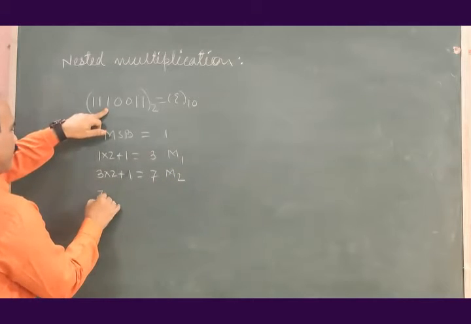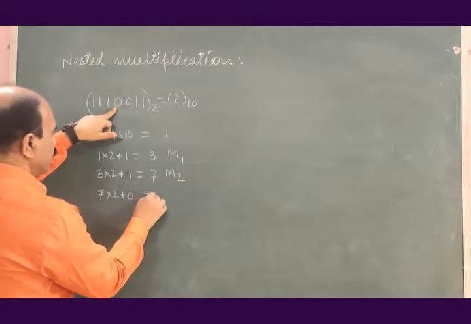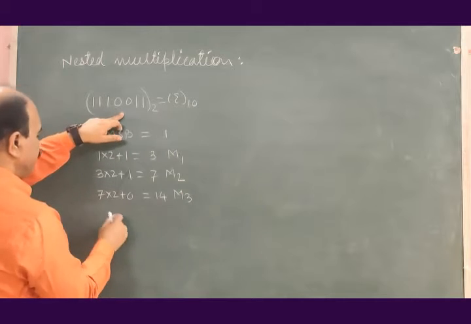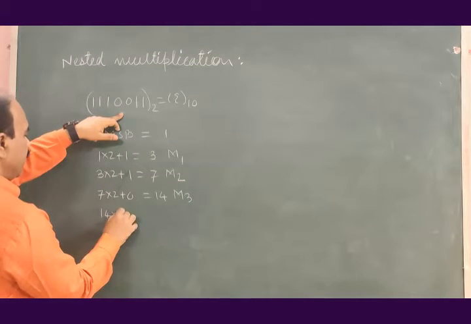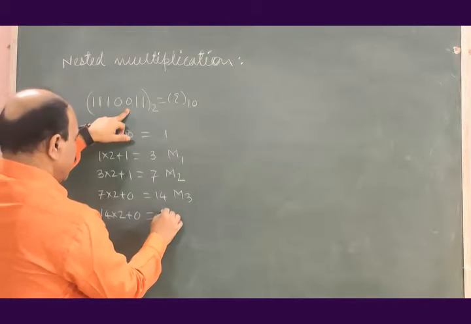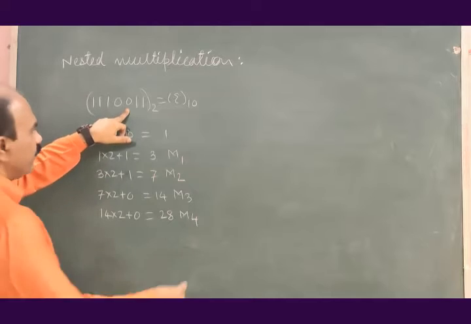M2. 7 into 2 plus next bit 0, 14, M3. 14 into 2 plus next bit 0, 28, M4.